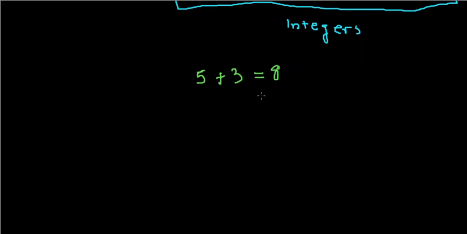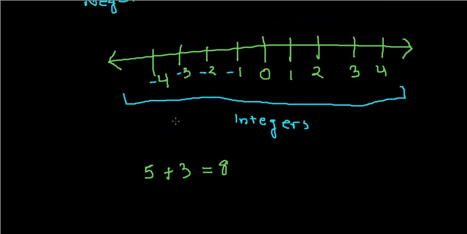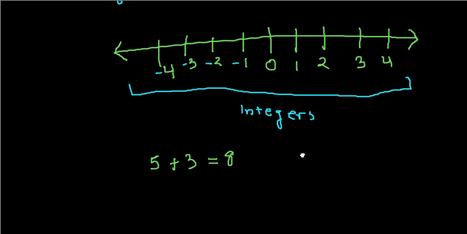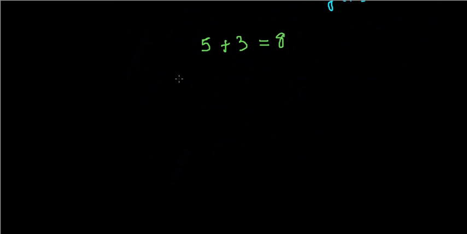But the problem comes in when we say, let's go into this huge integer arena and bring in negative numbers. Well, surprisingly, you've already worked with these numbers, and I'll explain how in a bit. So let's say we have 5, except instead of plus we have -3.